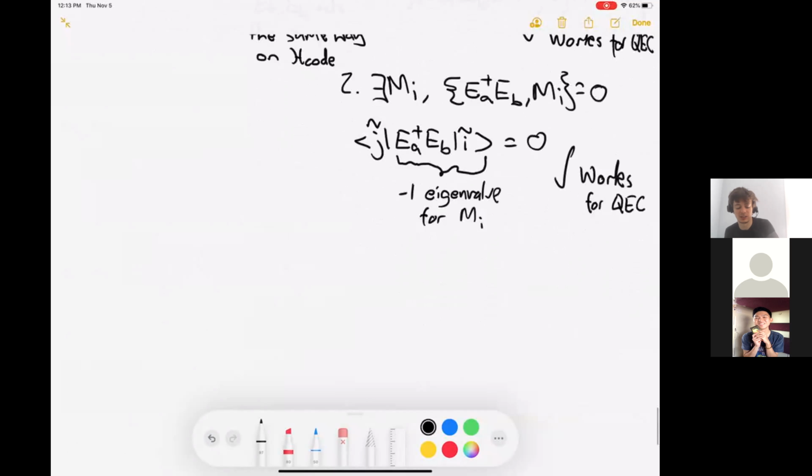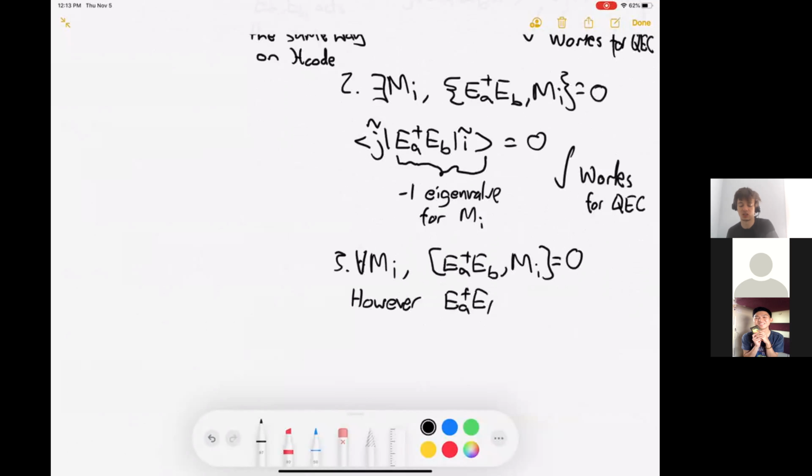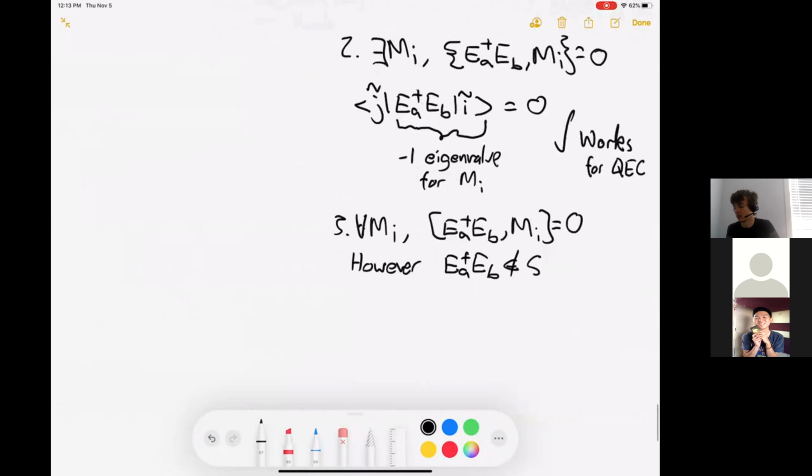The third possibility is that for all the mi, EA dagger EB commutes with mi. However, EA dagger EB is not contained in the stabilizer group. This is also a possibility, and in general, this will always exist.